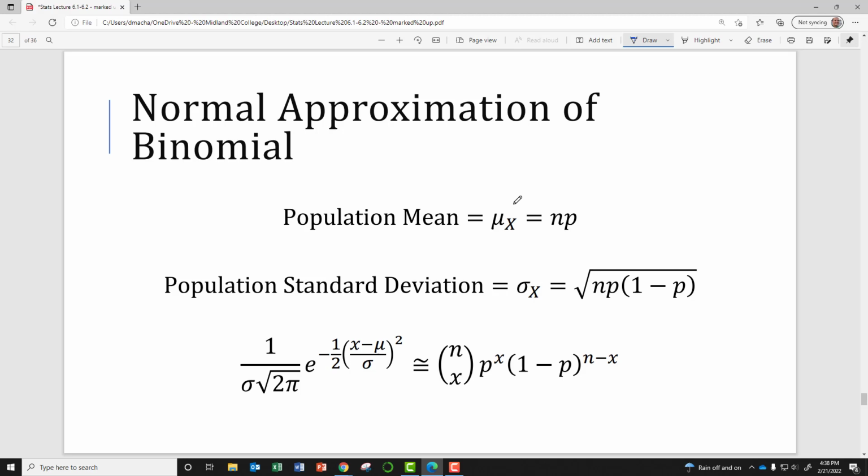It's important that p is somewhere in the middle because if p is too close to 1, then this 1 minus p term will be really, really small. And if p is too close to 0, then that p factor will be very small. And so in either of those extreme cases of your p, you get a really low variance. And we want variance to be large if we want to approximate that distribution with the normal curve.